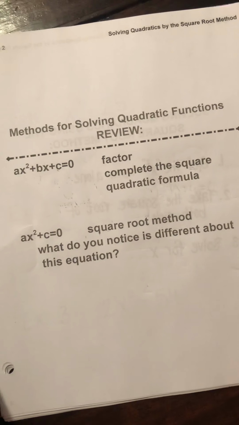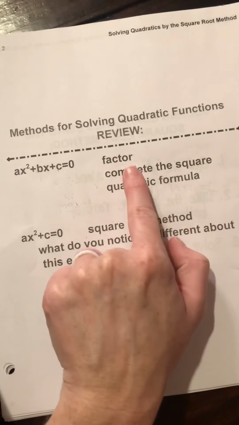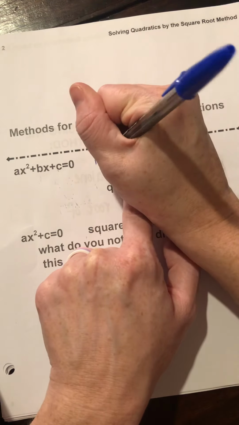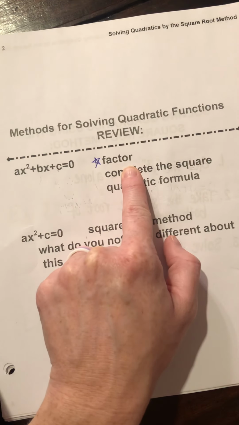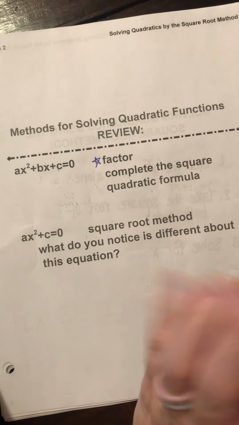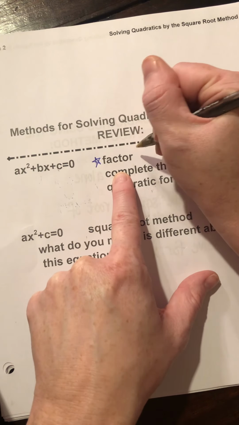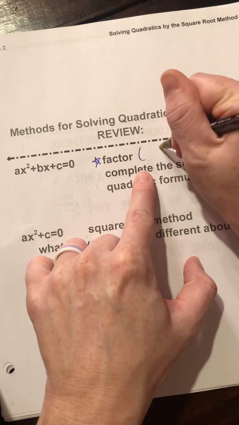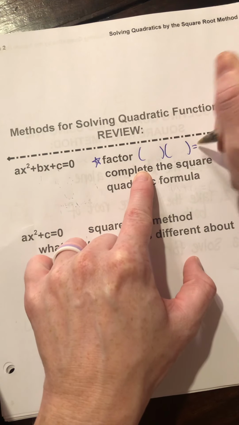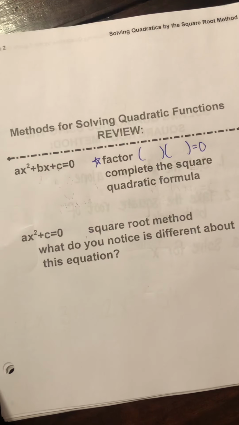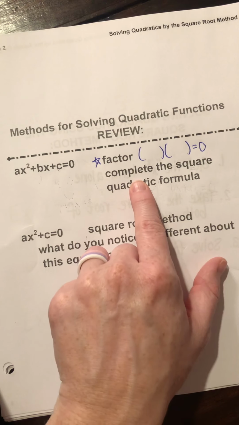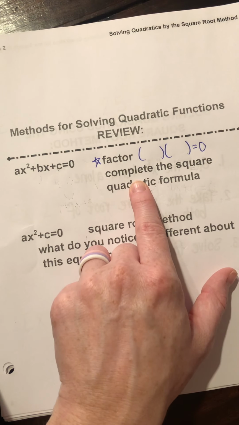Here are some different methods that we can use to solve quadratic functions, okay? We have already talked about factoring. Solving quadratic equations by factoring. That's when we set it equal to 0 and break it apart into these parentheses and set it equal to 0. Okay, we have another method called completing the square.